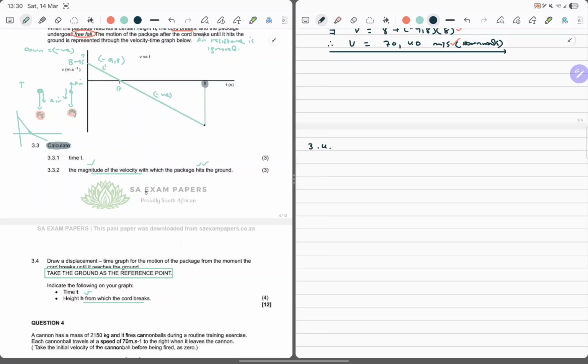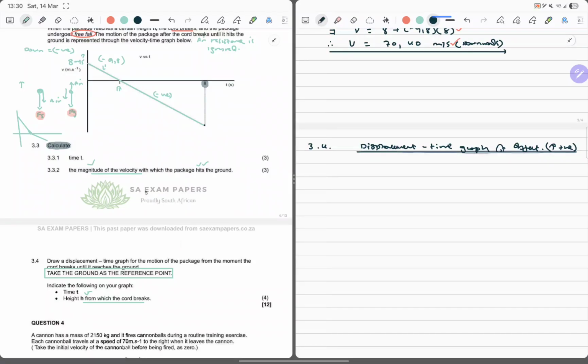I wonder if we have to calculate the value of height h, but I don't think so. Anyway, we know that this is going to be the displacement time graph of the object. Now remember, we are taking up as positive.